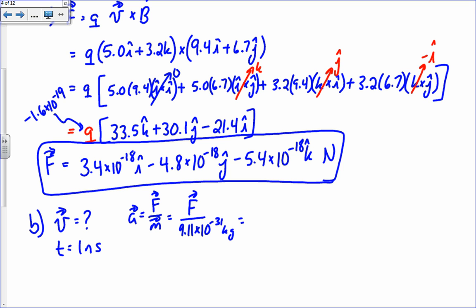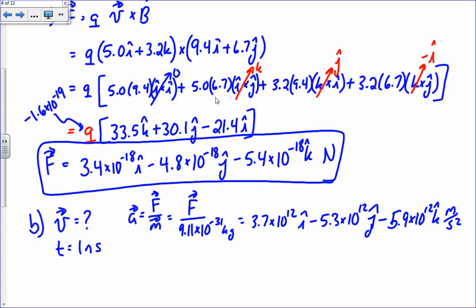And that gives me an acceleration, 3.7 times 10 to the 12 i minus 5.3 times 10 to the 12 j minus 5.9 times 10 to the 12 k. And that is in meters per second squared.